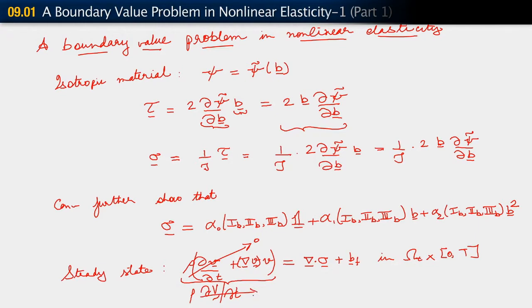We're going to say not only is the partial time derivative of the spatial velocity 0, but this is also 0. Okay, so really we're not looking at time dependence at all here. So really we are looking at a purely boundary value problem.